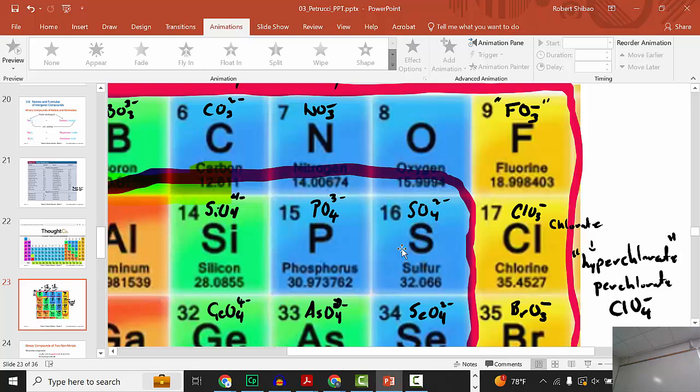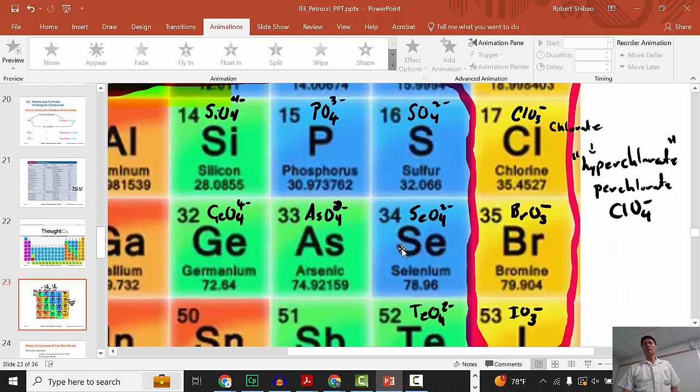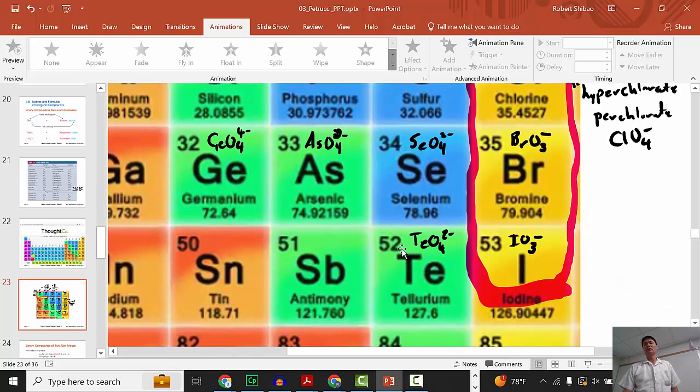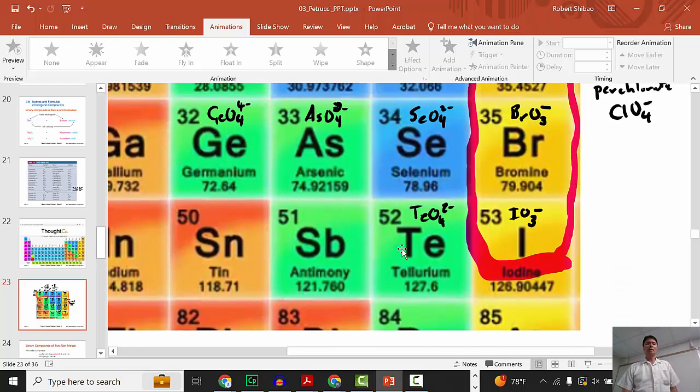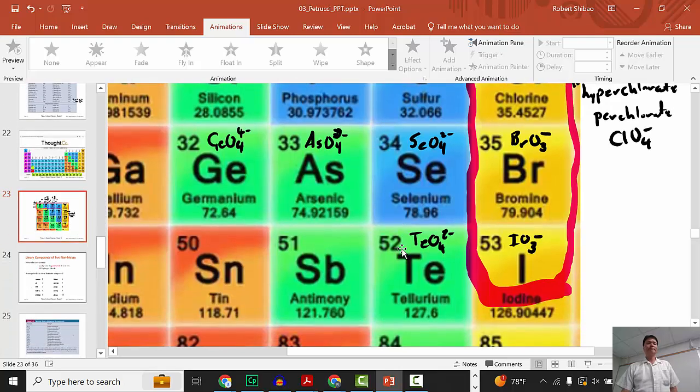No. It wouldn't, because it's already maxed out. We can't go higher than plus 4. Plus 4 is its max. Okay, so if we know some patterns, we can make predictions for things we haven't seen, and hopefully those predictions turn out to be accurate.